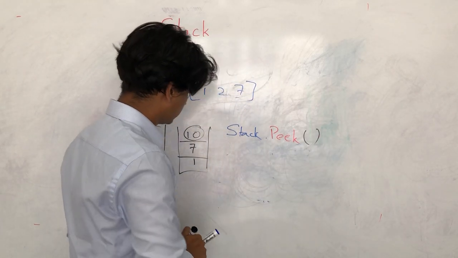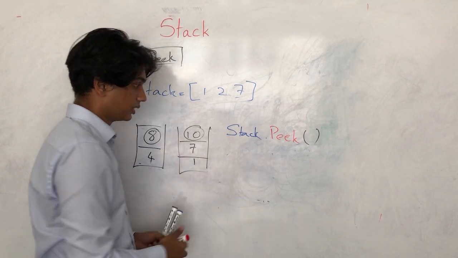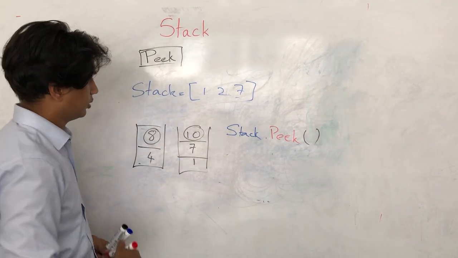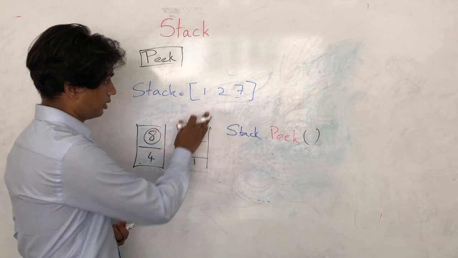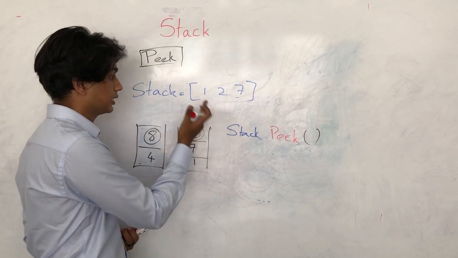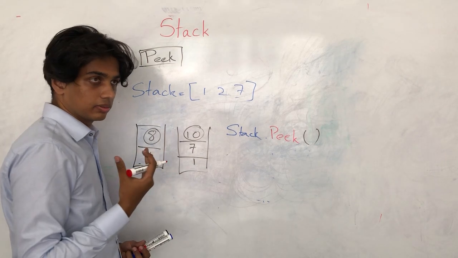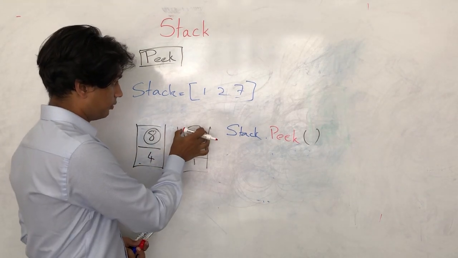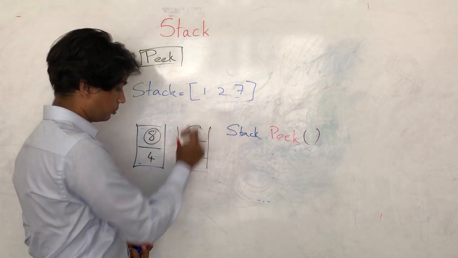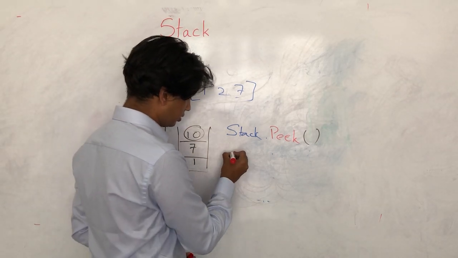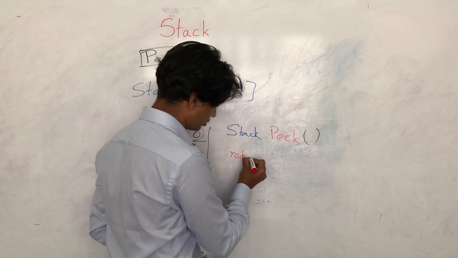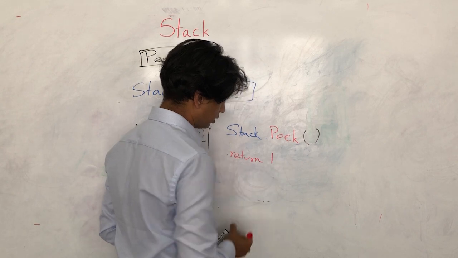When I do this, I will have the value number 1, because it's the topmost value in my stack at the current moment. So I will be returning number 1 here.